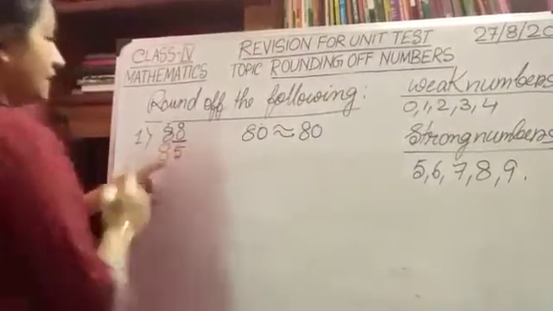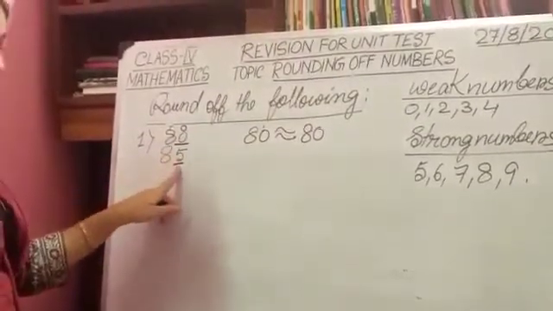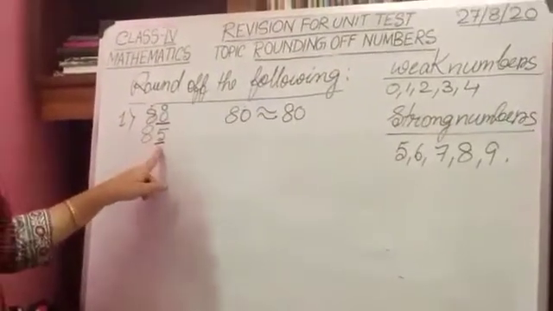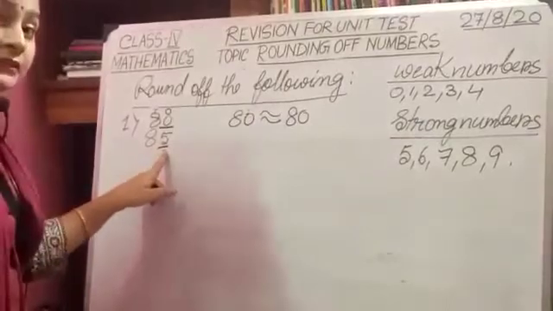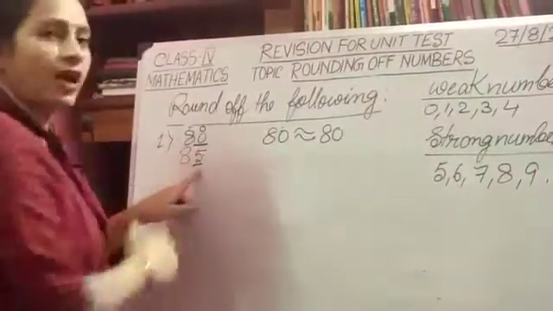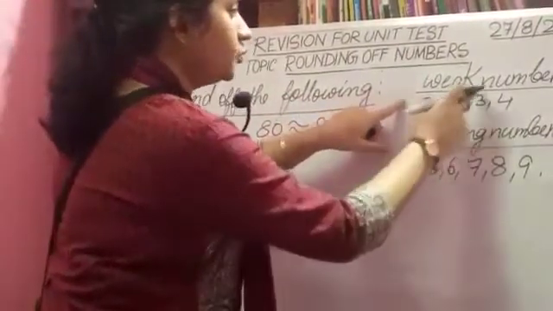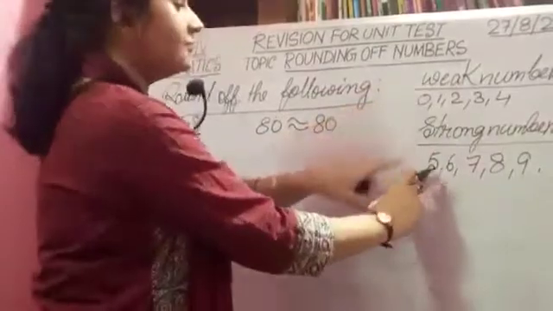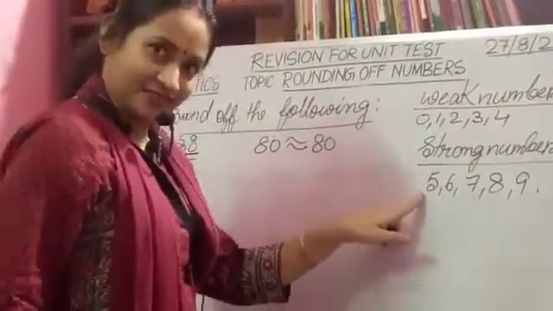Now, the next number, 85. You have to consider this number under ones column because you are rounding off the numbers to their tens. So, you consider the number sitting under ones column. It is 5, right? 5, where is it situated? Weak numbers or strong numbers? 5 is situated under the column of strong numbers, right?